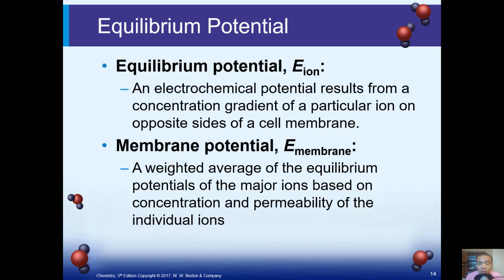When ions are being transported from inside to outside or outside to inside, an electrical potential, E ion, will result from this concentration gradient of a particular ion on opposite sides of the cell membrane. The weighted average of the equilibrium potentials of the major ions, based on the concentration and the permeability of the individual ions, is called a membrane potential.